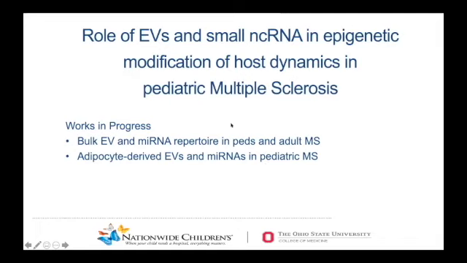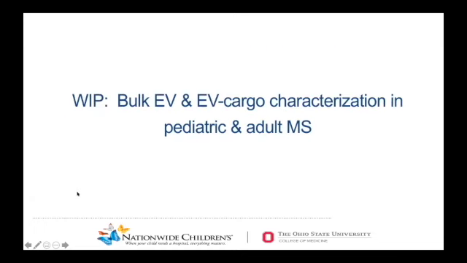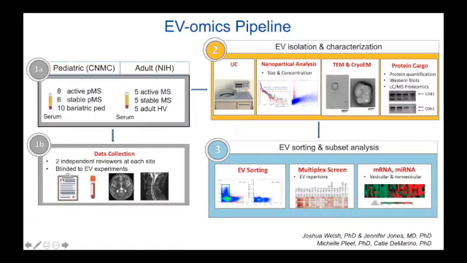I'll briefly go over some of the works in progress. As I mentioned, this is ongoing work. The first project was looking at bulk EV and microRNA repertoires in pediatric and adult MS. Using this pipeline, we had pediatric patients from my collaborators at Children's National Medical Center in DC.